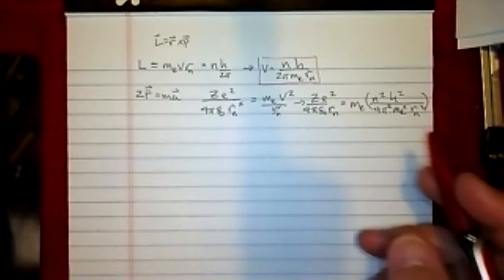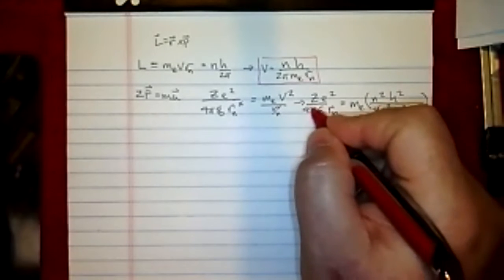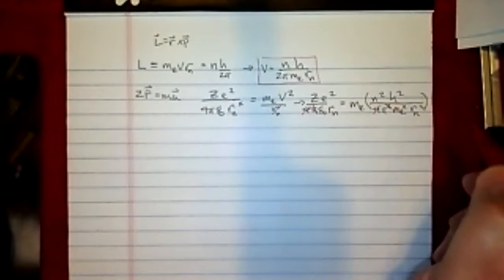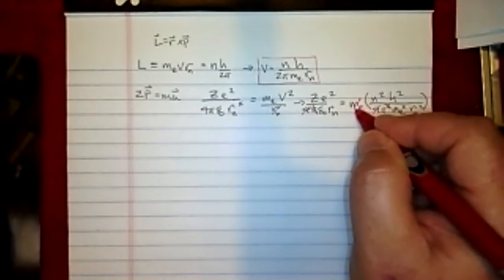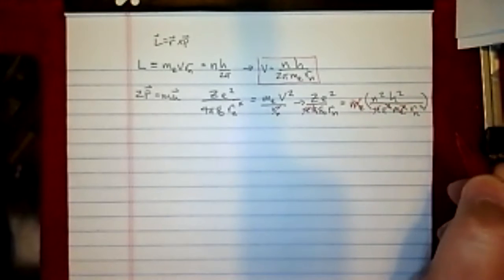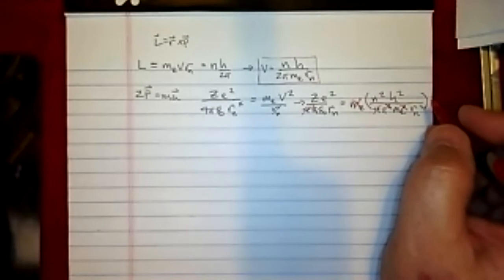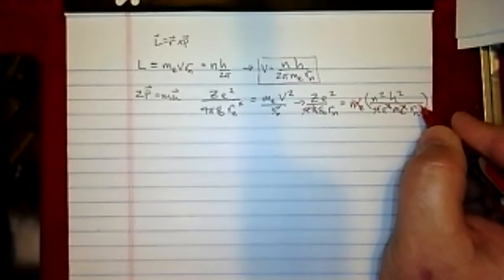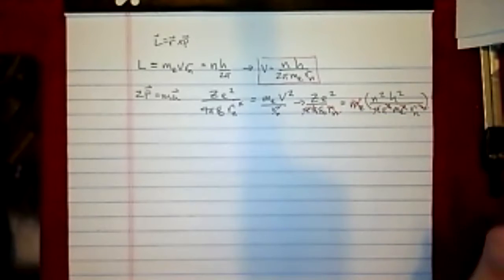We can actually make some cancellations. For instance, we see a 4 on this side that's going to cancel out with this 4. We see one of the pi's on this side that's going to cancel out with that exponent of 2 and leave a 1. This me on top is going to cancel out with one of these exponents of 2 and make it a 1. And finally, this exponent of 2 is going to cancel out with this Rn and just leave an Rn over there.